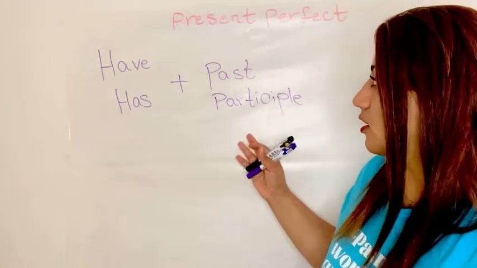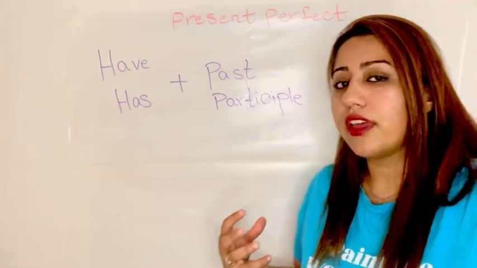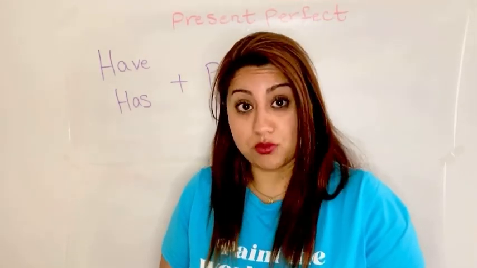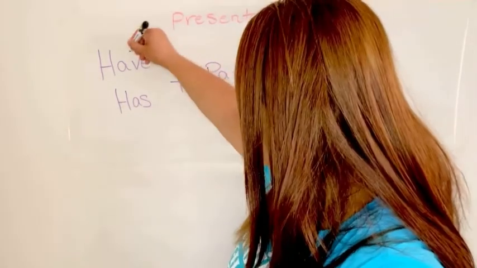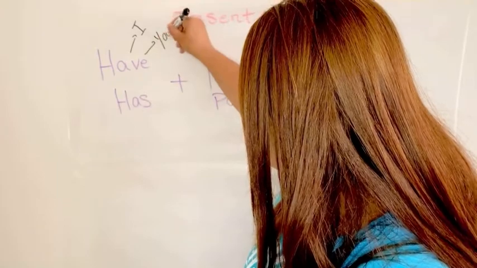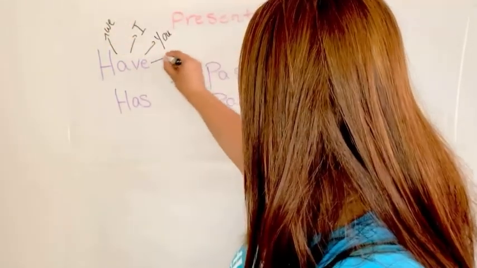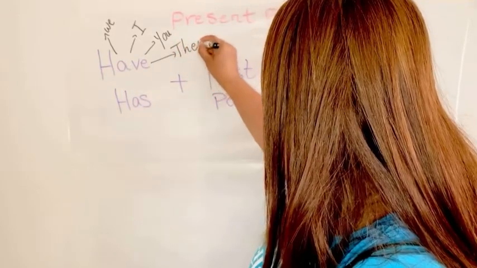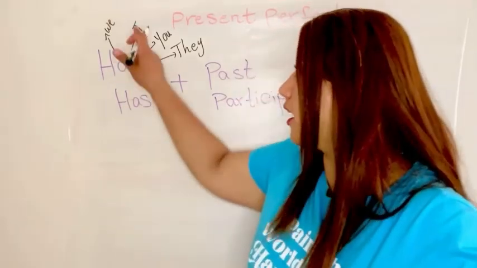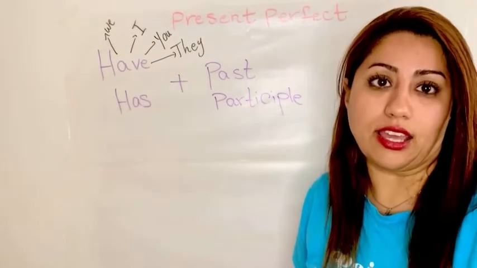As we have here, we use have and has. First of all, let's think about where to use have and has. We have some subjects, as we know: I, you, we, and they, which can work with have. I have, you have, we have, they have.